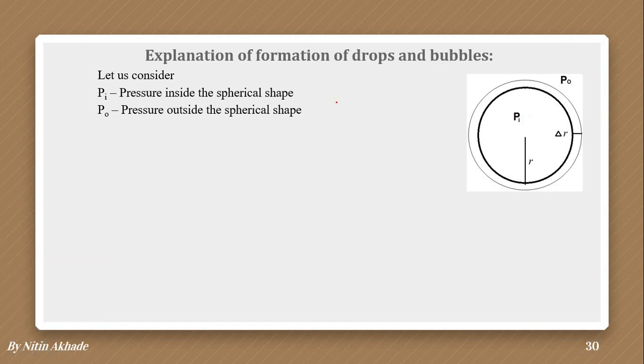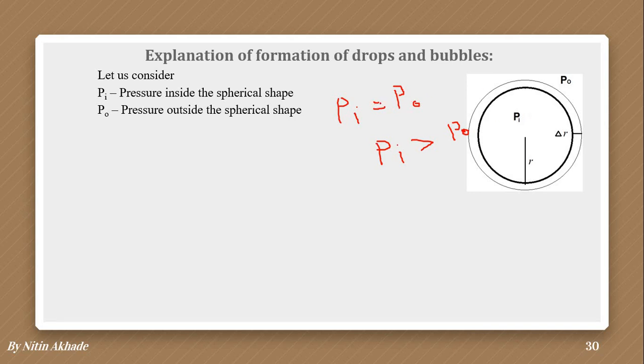When Pi is equal to Po, there is no formation of the bubbles. Keep in mind that the spherical shape persists as long as the pressure inside is greater than the pressure outside, then this spherical structure is valid.